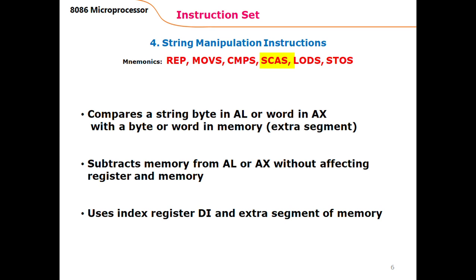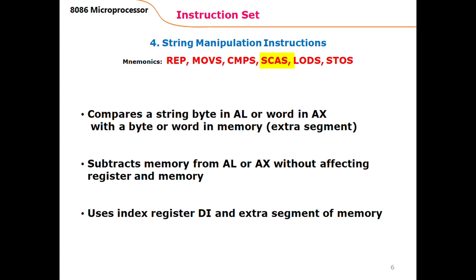Scan string instruction compares a string byte in AL or a word in AX with a byte or word in memory, which is the extra segment. So scan string instruction compares accumulator with byte or bytes in the extra segment. It basically subtracts accumulator from the memory without affecting the register in the memory.